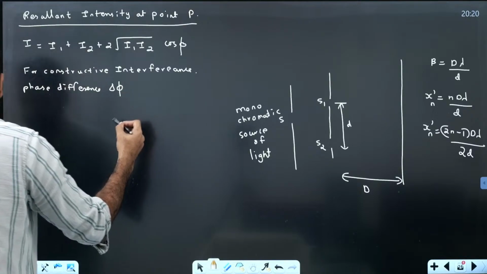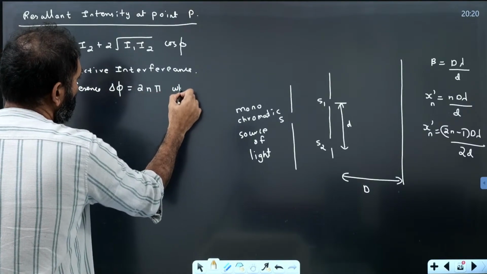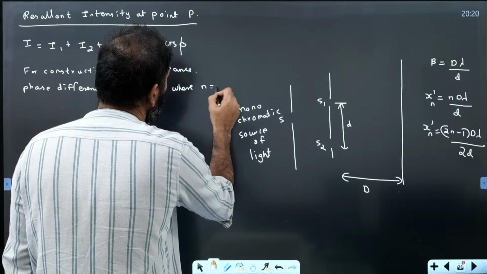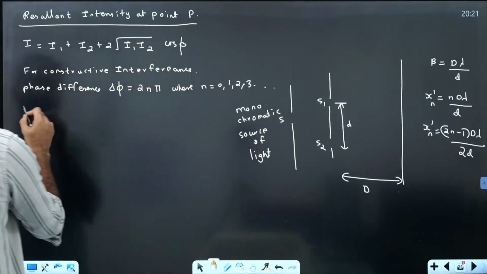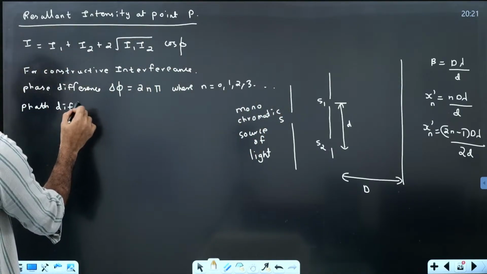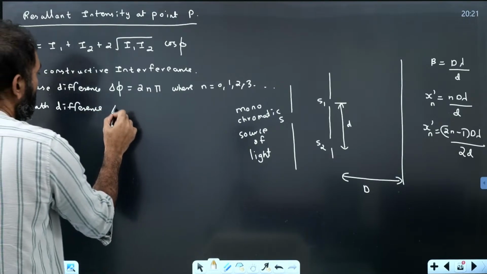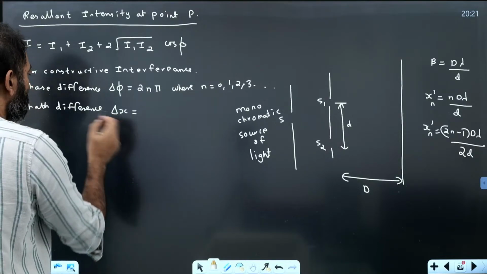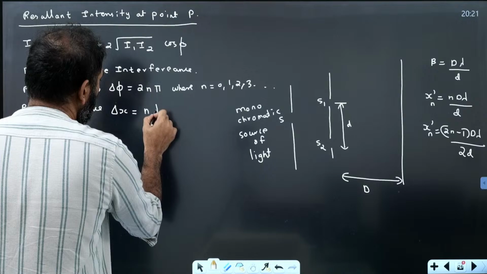Phase difference delta phi is equal to 2n pi, where n can have value 0, 1, 2, 3, etc. Path difference delta x, we used to write p, instead of p we are writing delta x, is equal to n lambda, integral multiple of lambda.